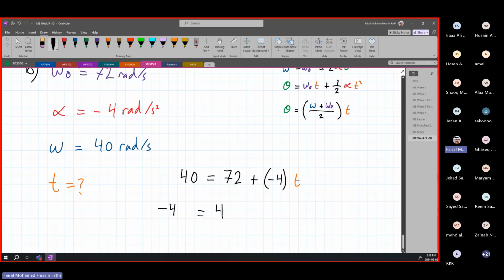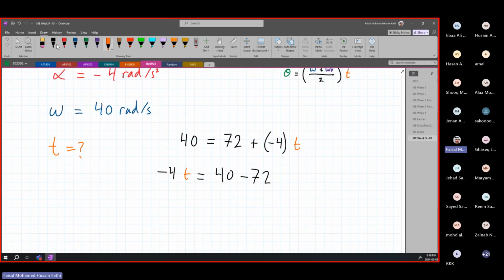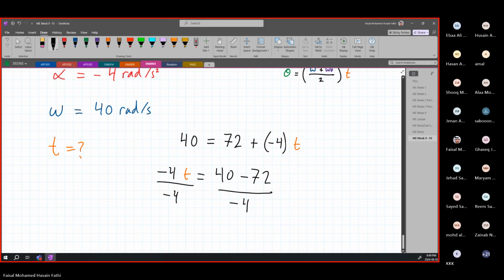Just basic algebra. Simplifying this, we divide both sides by minus 4. T is going to be equal to 40 minus 72 divided by minus 4, since the minus 4 and minus 4 cancel, which gives us 8 seconds. All right. Is it clear what I did here?